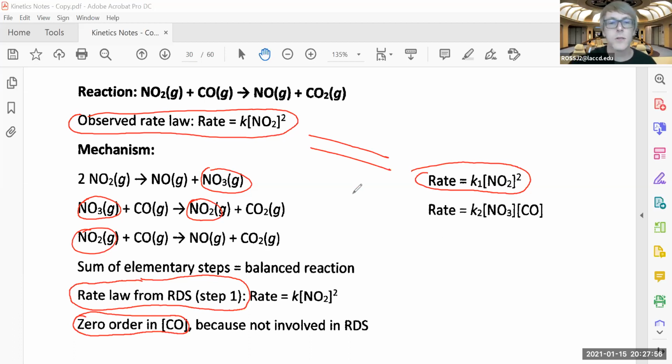Clearly, if CO is in our mechanism but there's no CO in our observed rate expression, we just say it's 0 order in CO. So that's just to keep on your guard, to look out for that.